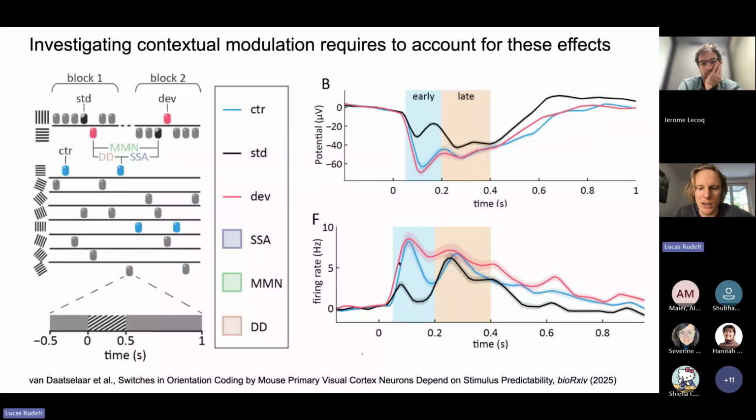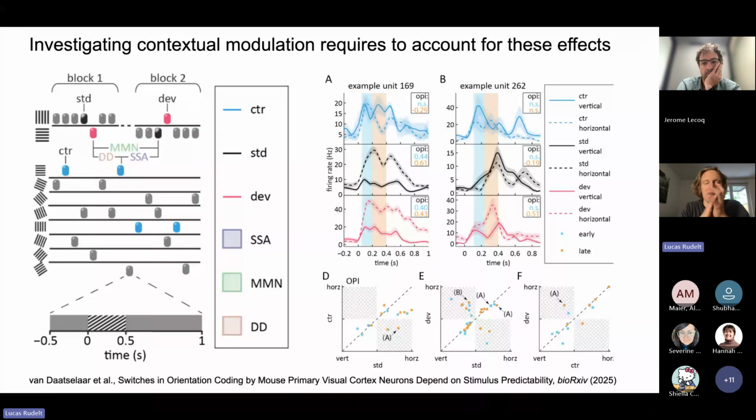This result is essentially the same if you look at the firing rate. So overall, I would say their results are very consistent with what we find for the synapses, which makes sense because probably it's the same neurons, just imaged either at the synapse or the soma.